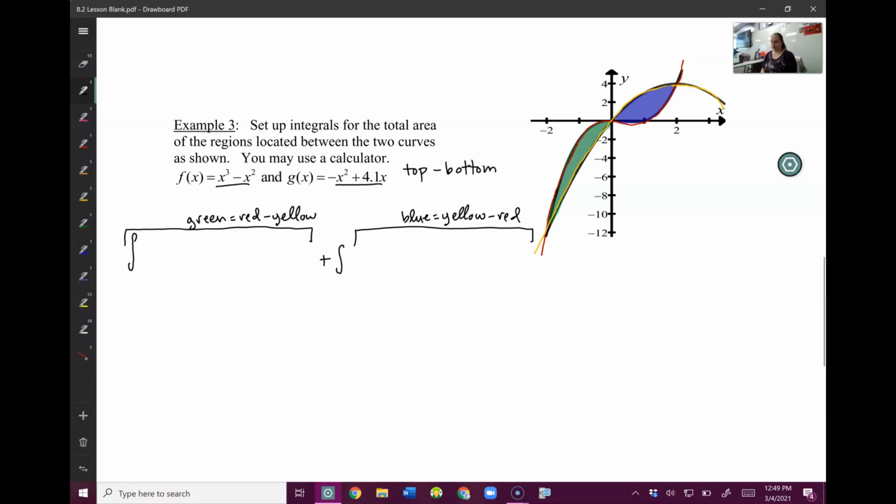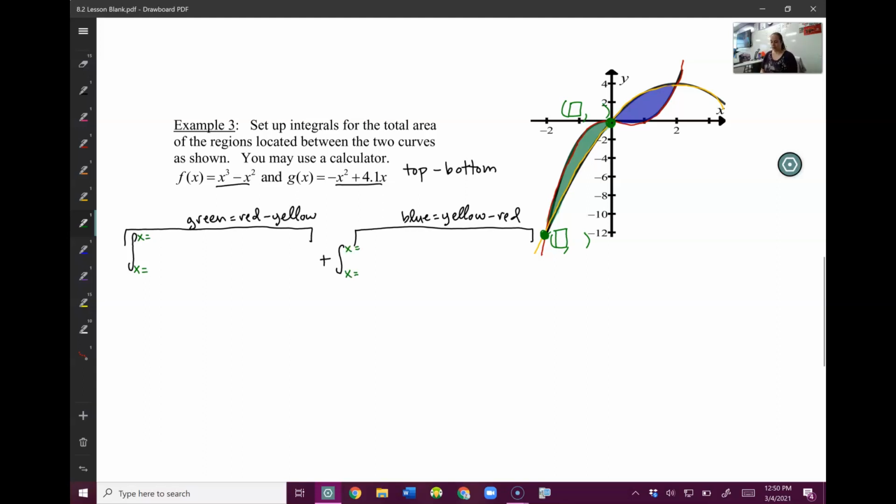So let's look at this green one first. We have our limits, which will be the x values of our intersection points. So there's our intersection points. These are x equals limits because we're in terms of x.